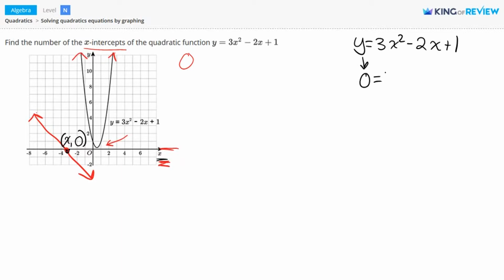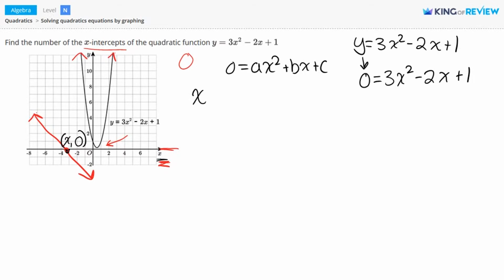We have 0 equals 3x squared minus 2x plus 1. Now when we have an equation that's in the format 0 equals ax squared plus bx plus c, we can solve for x using the quadratic equation.